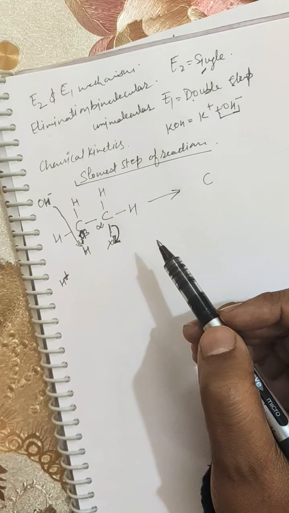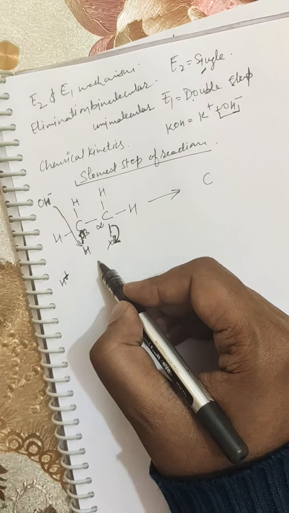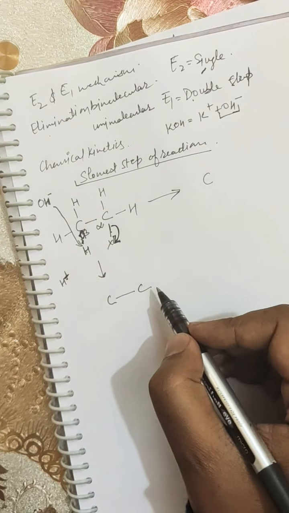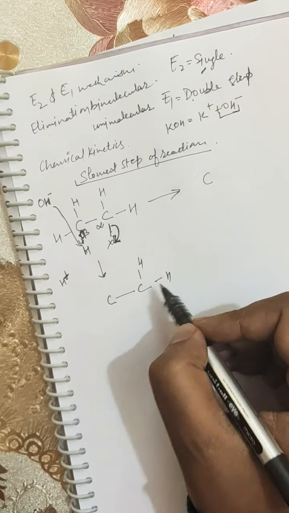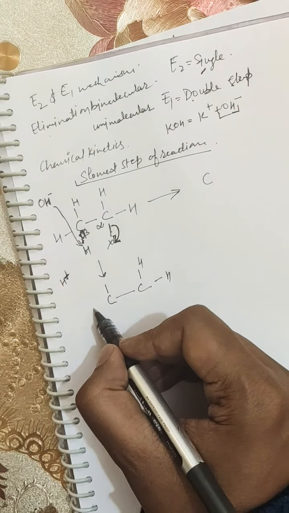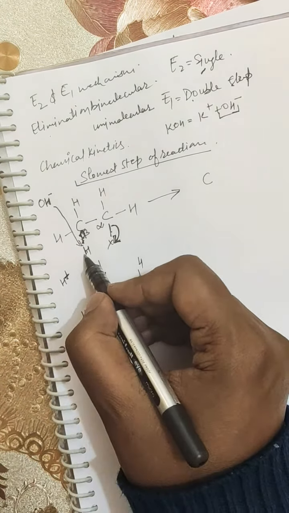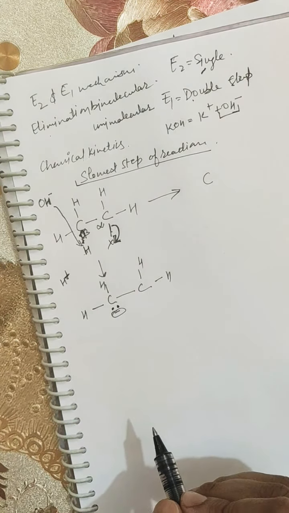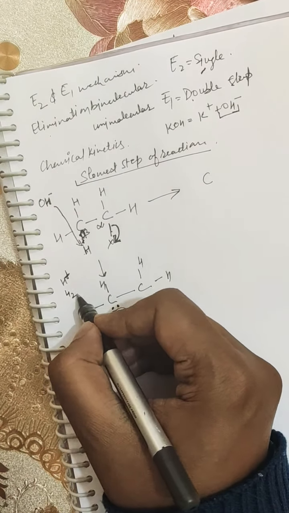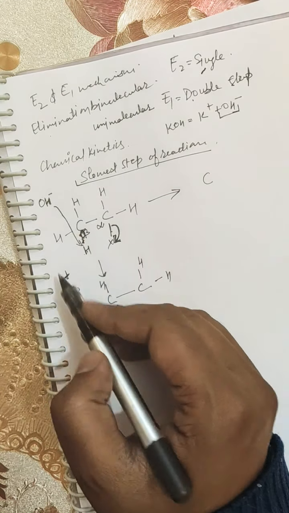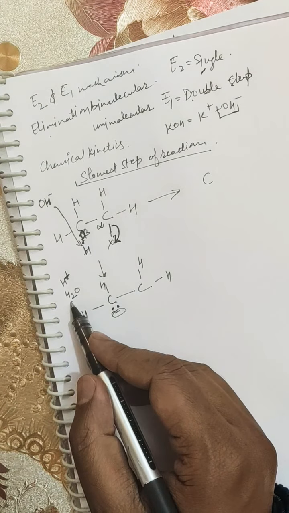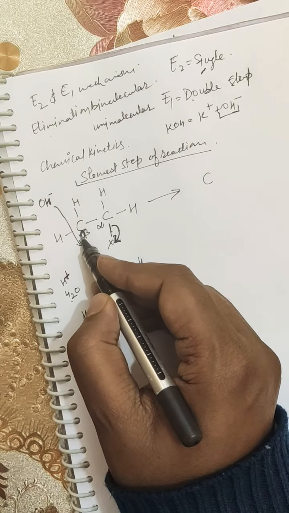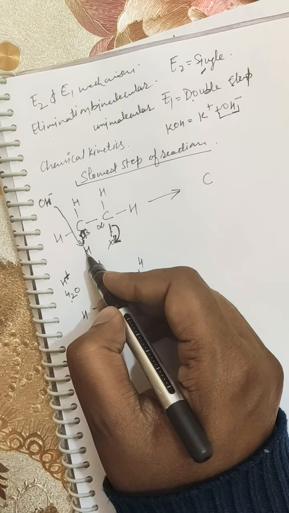So let me write here again in small steps. What happens? This hydroxyl anion removes the proton. This proton is removed, and the hydroxyl ion converts itself into water, H2O, and this carbon becomes electron rich due to the coming of these two electrons from the bond between the beta carbon and the leaving hydrogen.